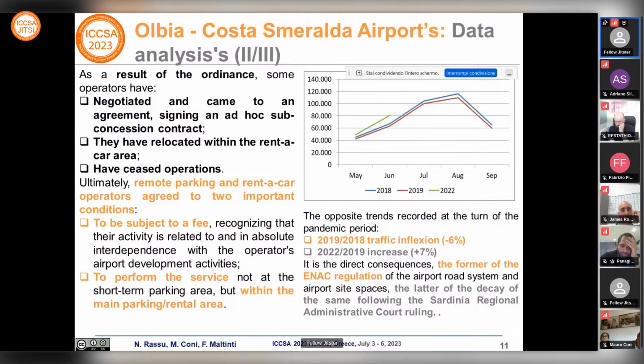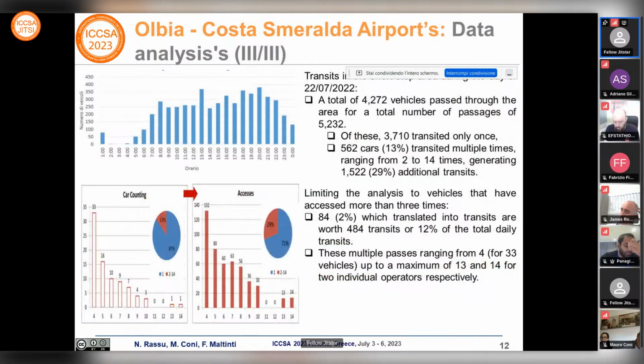The effects of the above ordinance can be seen by comparing the data of access to the short-term parking area in the pre-ordinance period, May-September 2018, with the same period in 2019. The opposite trends recorded at the start of the pandemic period are a direct consequence, the former of the ENAC regulation of the airport roads and airport-side spaces, the latter of the decay of the same following the TAR ruling.